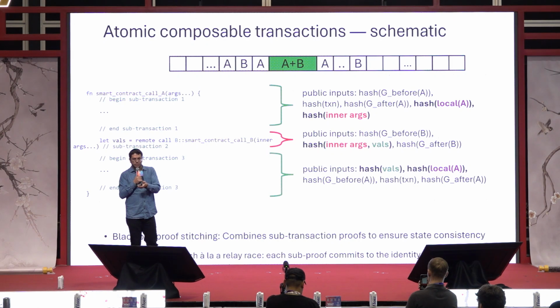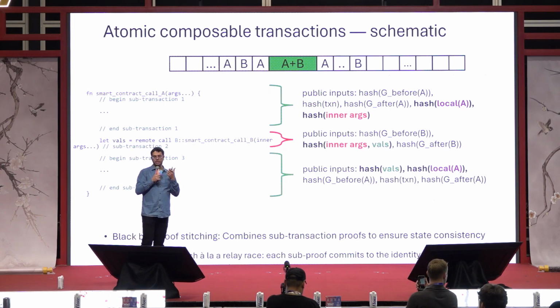And unlike the most naive scheme I showed before, which only has public inputs: hash before, hash of transaction, and hash after, you'd see that this scheme requires sub-transaction 1 to also commit to the hash of the local state of A, which it needs to keep in memory until the execution resumes.